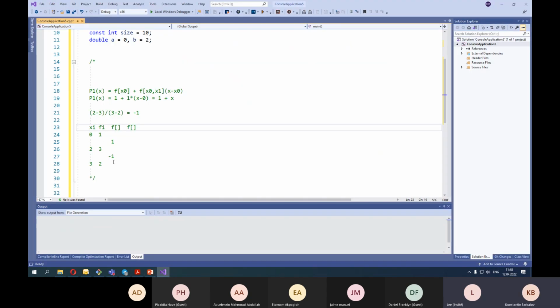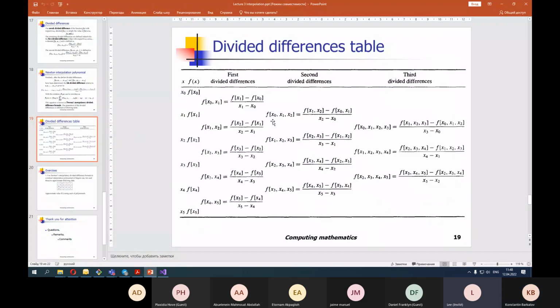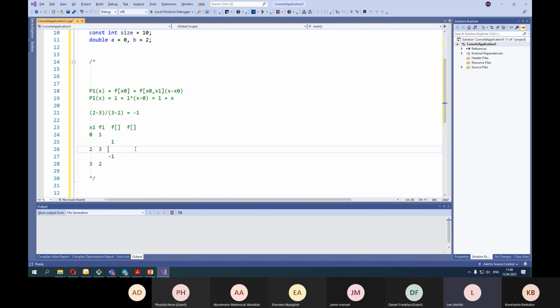This table now is very similar to this one. So can I please see the formula again?